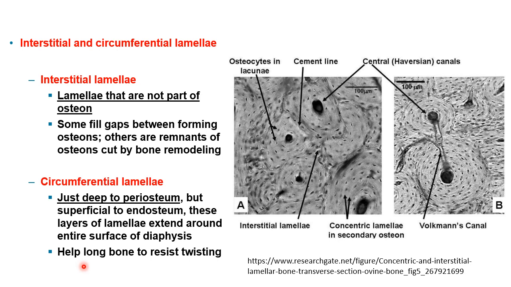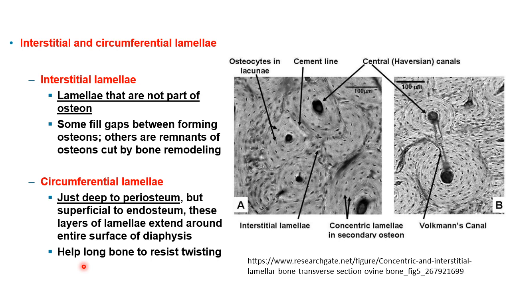Right? And then you're going to ask, when is it that the bone gets twisted? Well, if you're an average person just walking and not doing anything really strange with your bones, then you don't have that much of a problem. But if you are an athlete, especially in gymnastics or baseball or anything where you have to turn very quickly, then your bones are under a lot of twisting pressure.